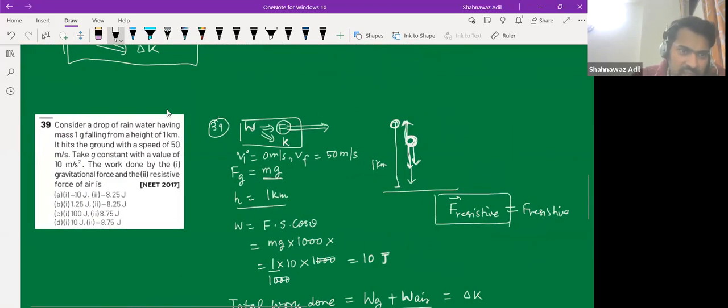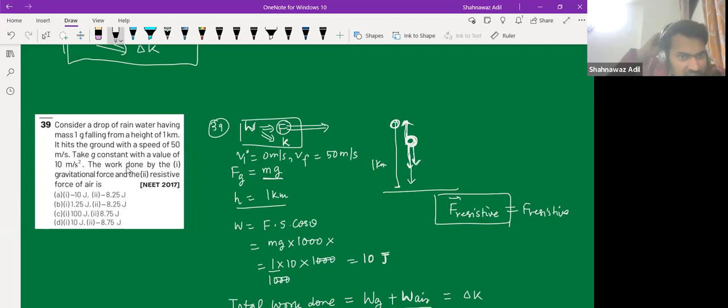Okay. So consider a drop of rainwater having mass 1 gram falling from a height of 1 kilometer. It hits the ground at a speed of 50 meter per second. Take g as a constant with a value of 10 meter per second square. The work done by the gravitational force and the resistive force of the air.